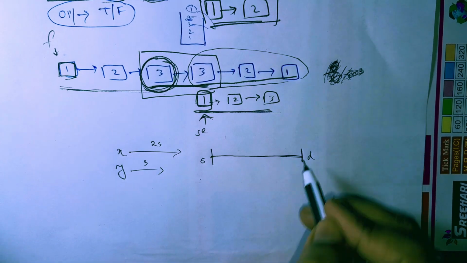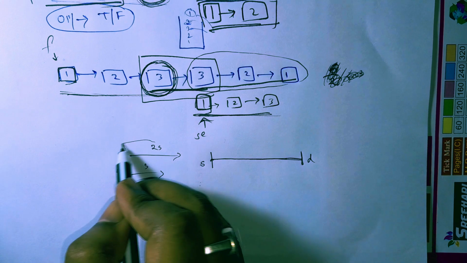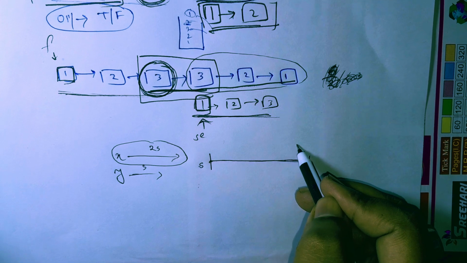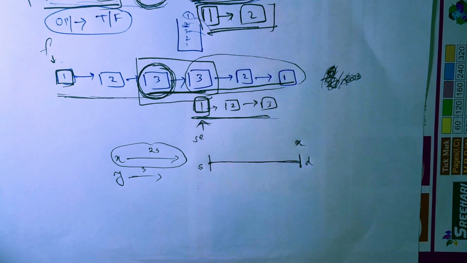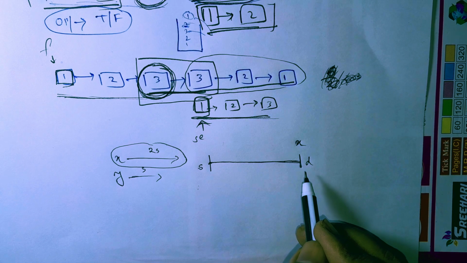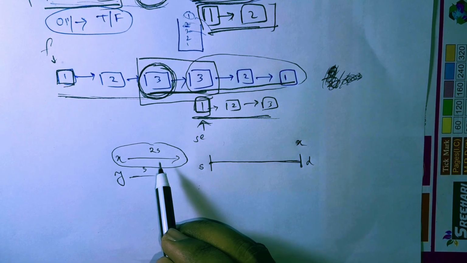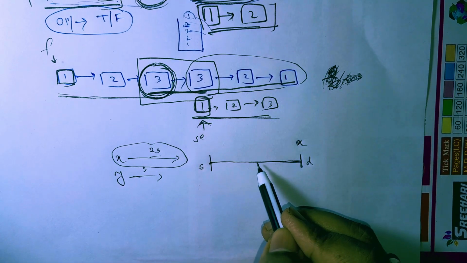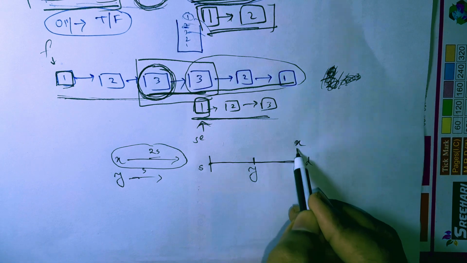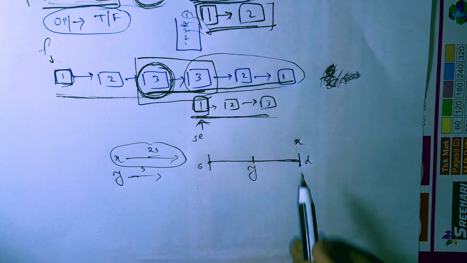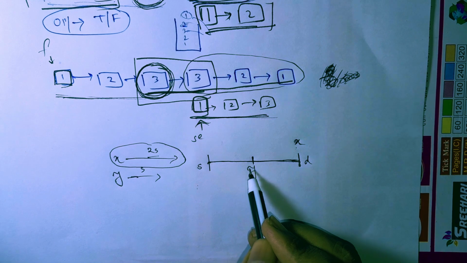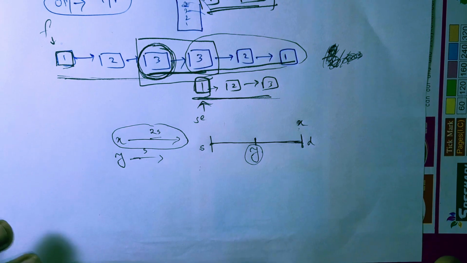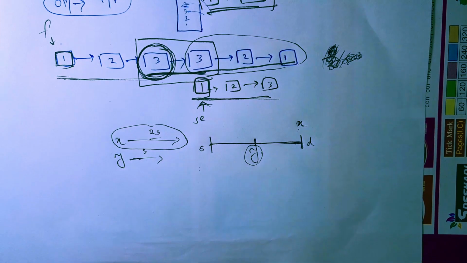As X's speed is twice that of Y, suppose X reached here, X is here now. As you can see, X's speed is twice of Y, so when X reaches the destination, Y will be at the halfway of the total distance. So simply think about the speed, distance and time concept.